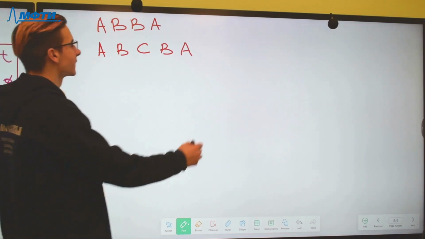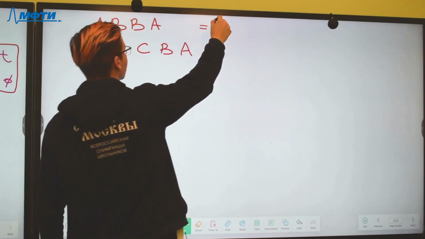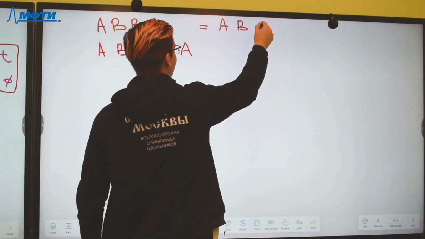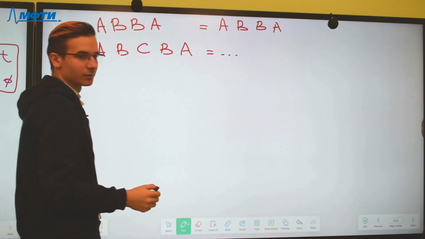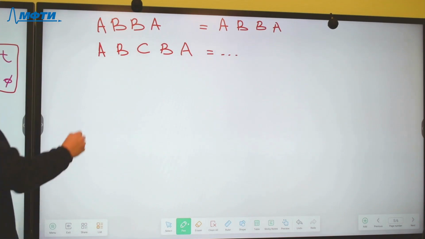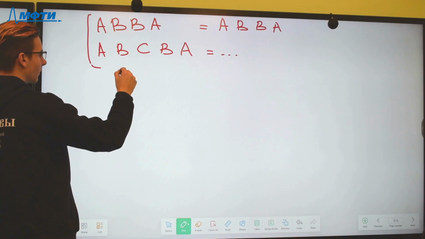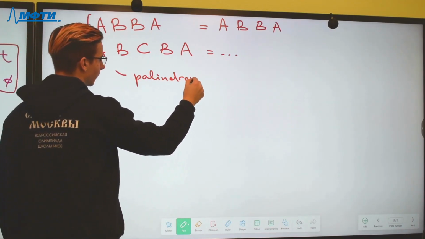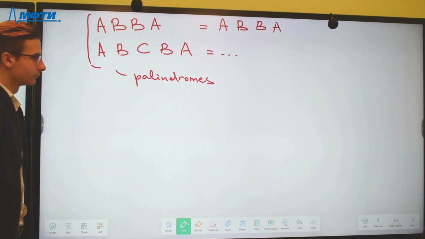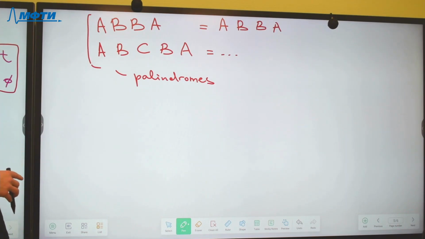You can rewrite this word: first you write the last character, then you write the previous, and it is the same. Name of these words: palindrome. Did you face these words in other courses?